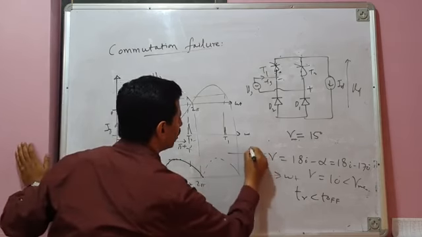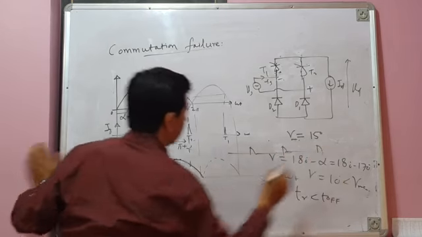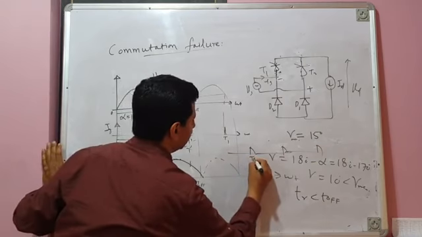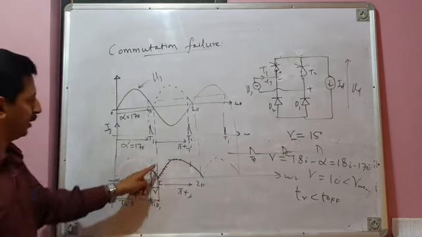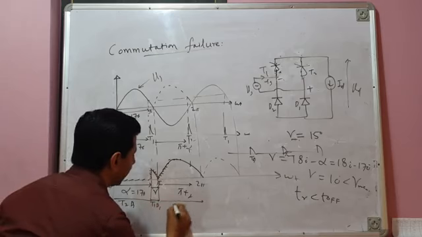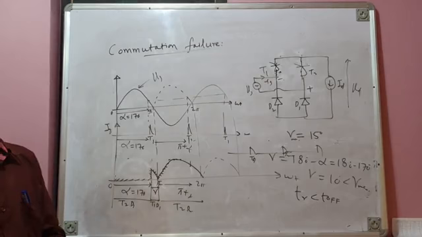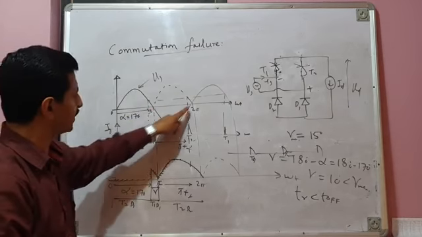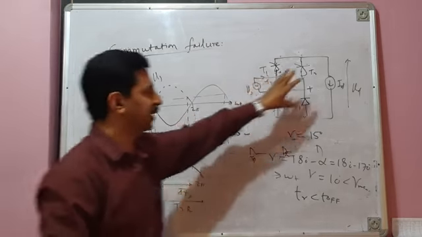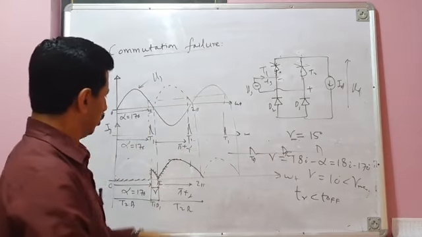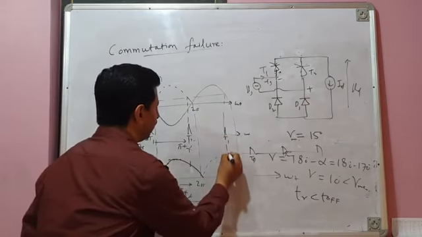अदरवाइज आपकी लोड वोल्टेज ऐसे होनी चाहिए थी, ऐसे यहाँ T1 D1 and here T2 D2, but during this entire period T2 D2 will conduct. So the entire negative half cycle as positive voltage will appear across the load. उसके बाद फ्री व्हीलिंग शुरू हो जाएगी.